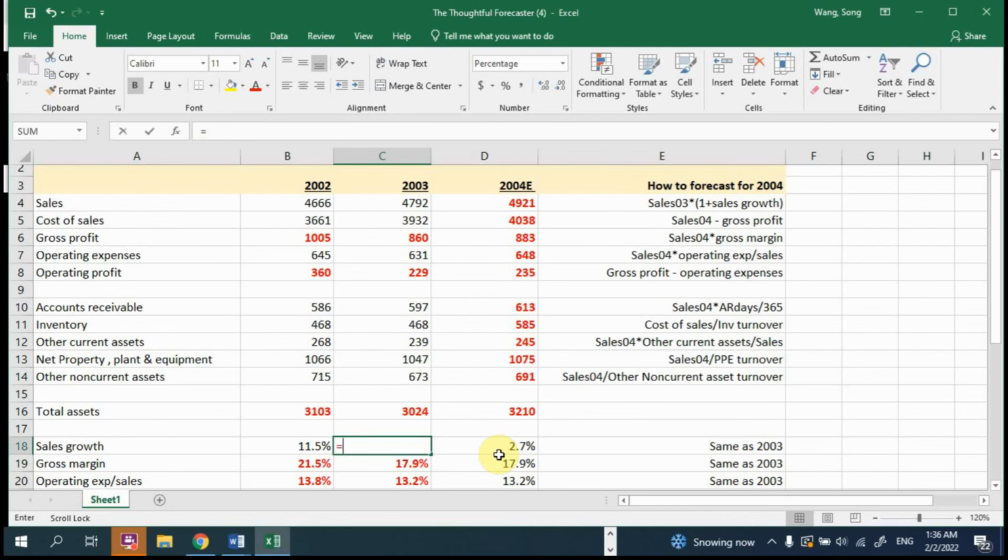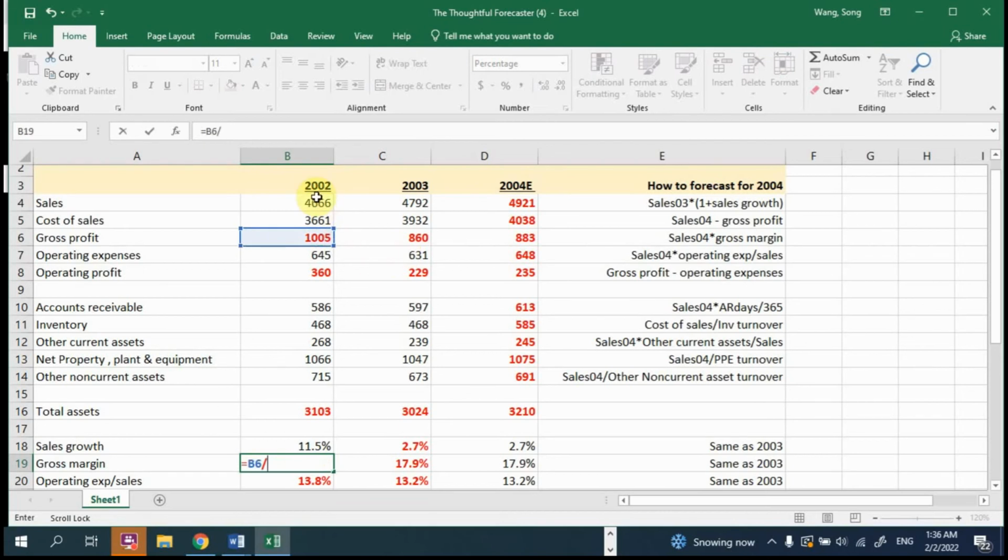Another way to do it, which is just a simple math formula, is to use new divided by old, then minus 1. So you don't have to input all these parenthesis symbols. It's really your call which to use. For gross profit margin, we're going to use the gross profit divided by the sales. Then drag it.